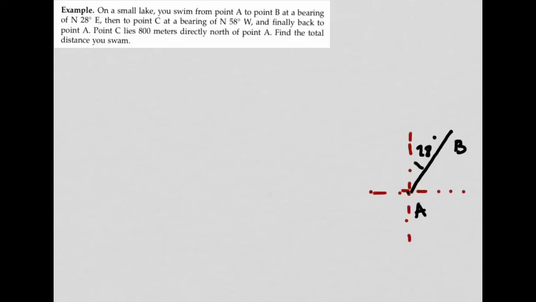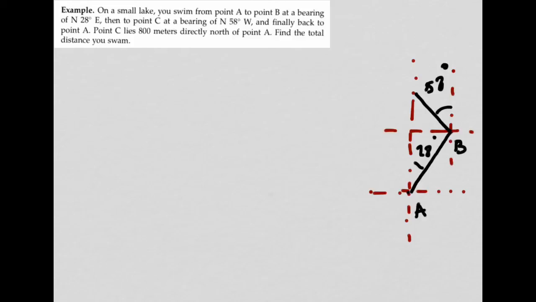And then we go to point C at a bearing of north 58 degrees west. So at point B, we're going to go 58 from the north line. We're going to go 58 degrees west, which is 58 degrees to the left. So that is 58 degrees.